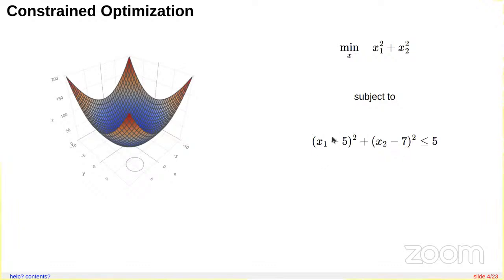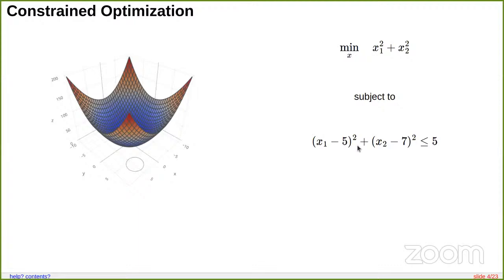Can someone tell me what this constraint is going to look like? It will be a circle, sir. Yeah, so this will be a circular disk with all the feasible points being inside the circle.